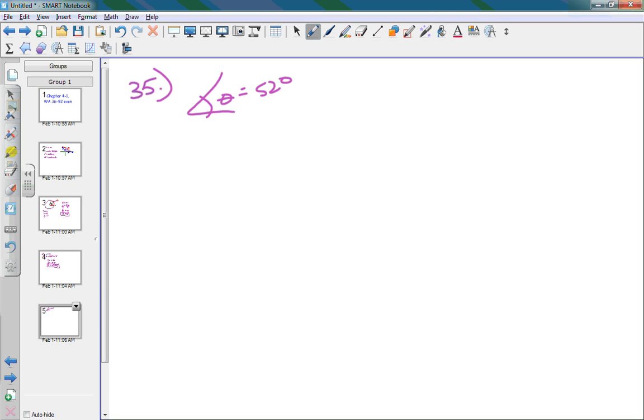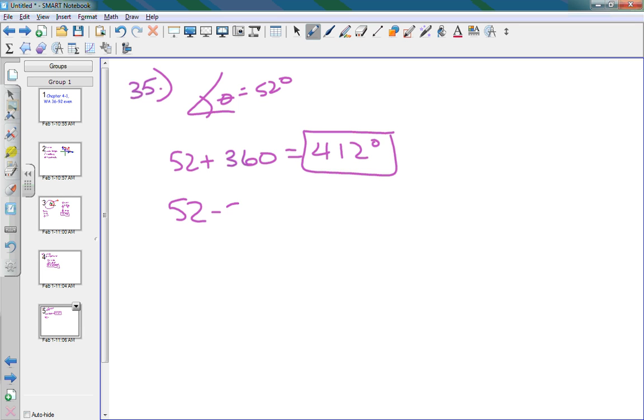I'm going to take my angle and add 360, which is going to be 412 degrees. And then I'm going to take my angle and subtract 360, which is going to be negative 308 degrees. Those are my two angles. Do we understand that, yes or no?